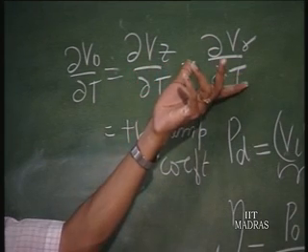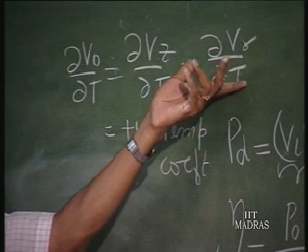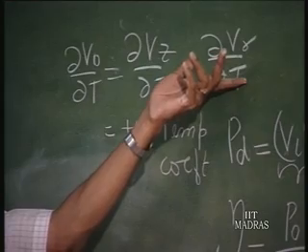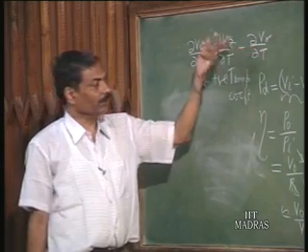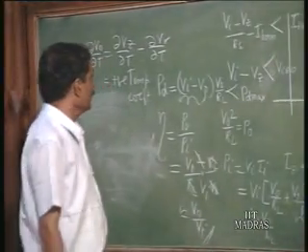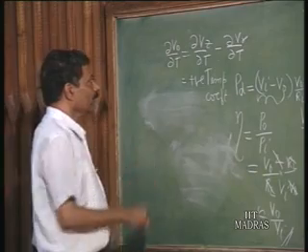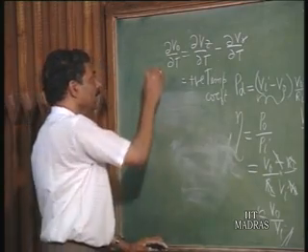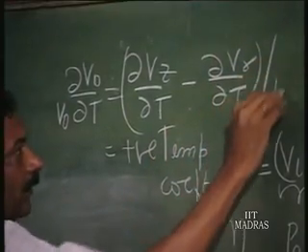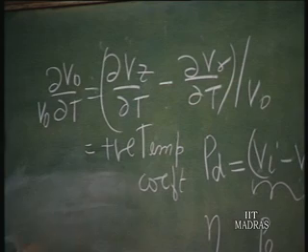So, you can have an arrangement such that the overall coefficient is 0. That is how zero temperature coefficient voltage references are designed. So, we can therefore find out the temperature coefficient of this voltage, delta V naught by delta T, and divide it by V naught in order to get how many parts per million per degree centigrade it changes.